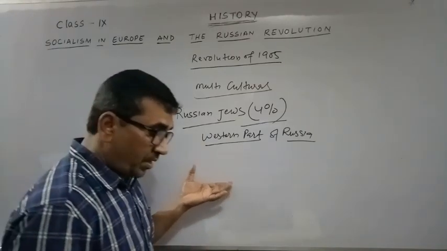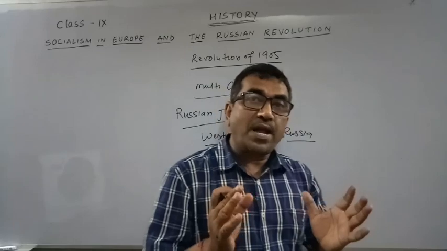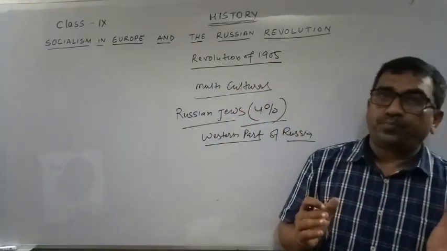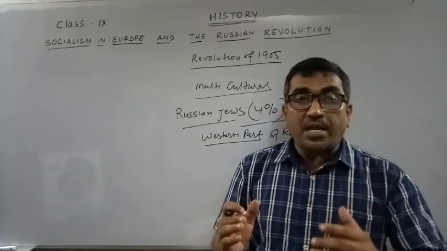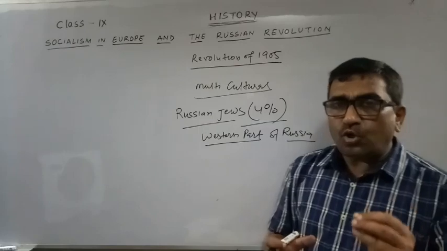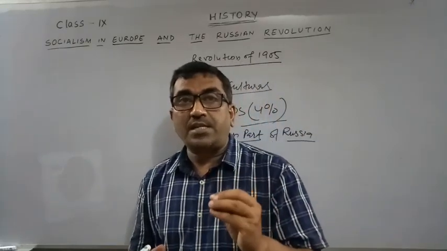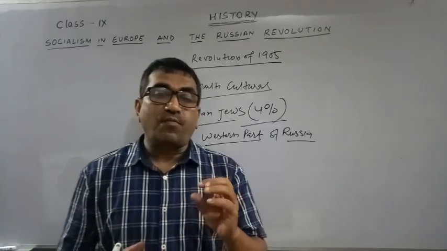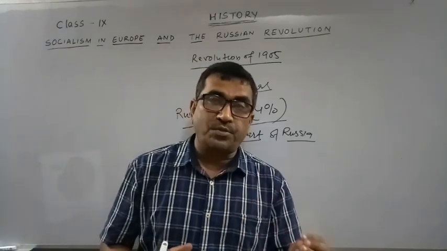What was happening? These people were confined to their areas only. They could not go and settle in areas outside their cities. They were also not given the voting right in the municipal elections, and they were forbidden from armed forces jobs.